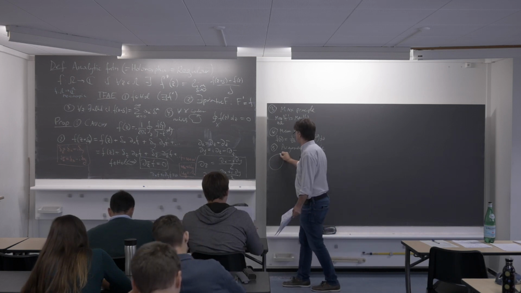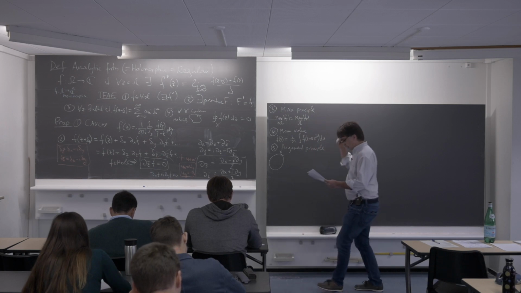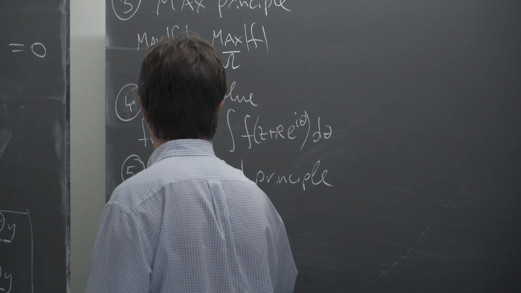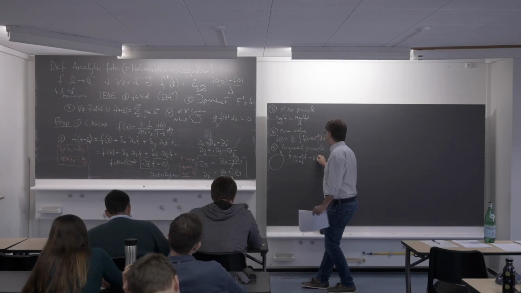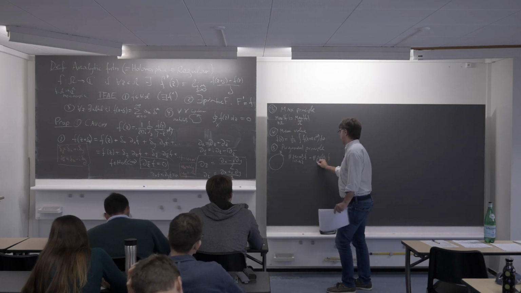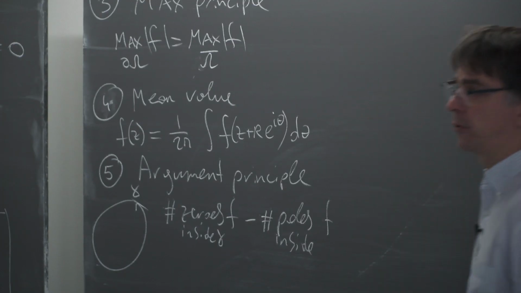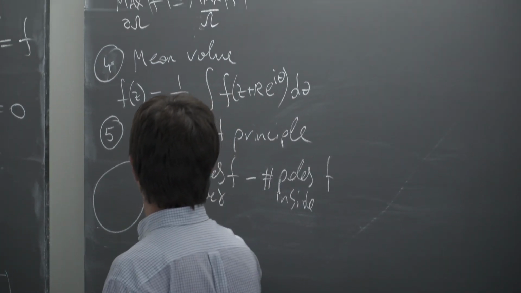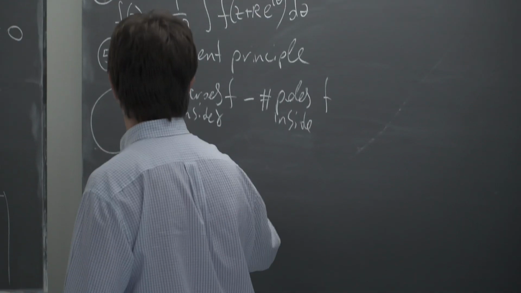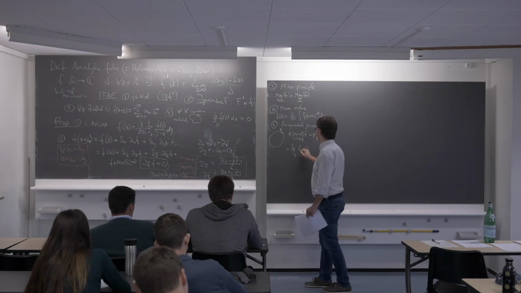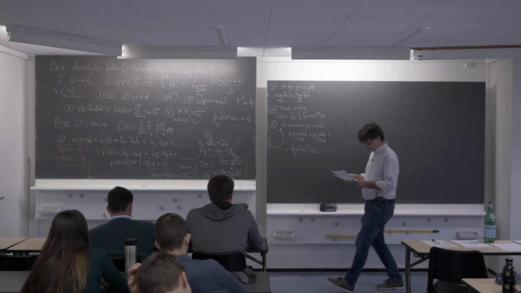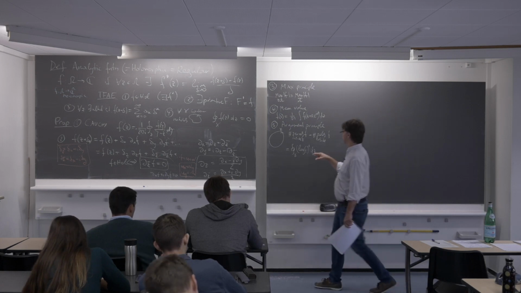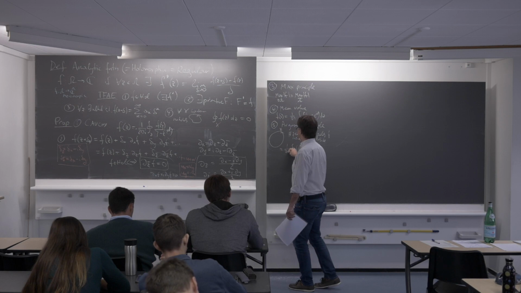If you have a contour gamma, then the number of zeros of f inside gamma minus the number of poles of f inside gamma, poles if f is meromorphic, if it can take value infinity, is equal to 1 over 2 pi i times the integral over gamma of log f prime dz.